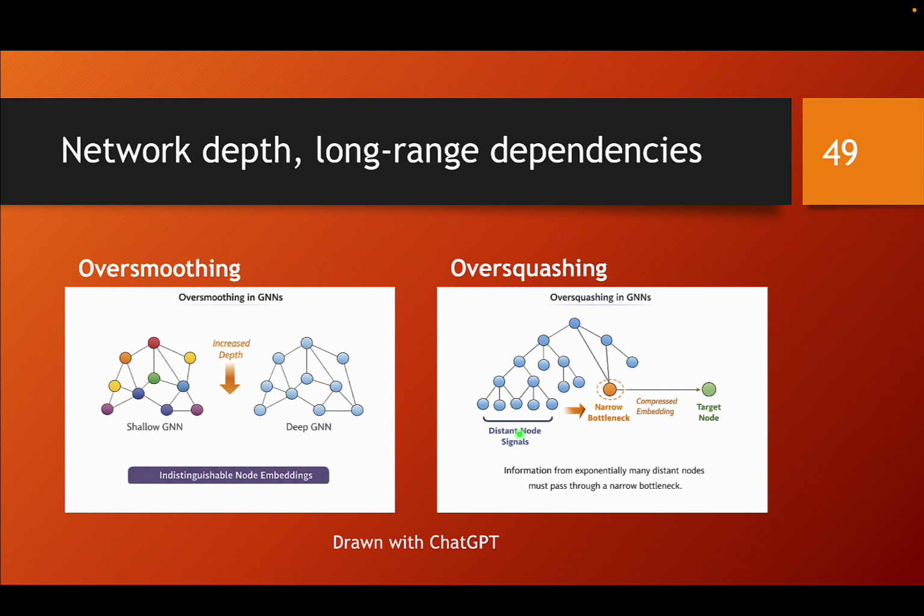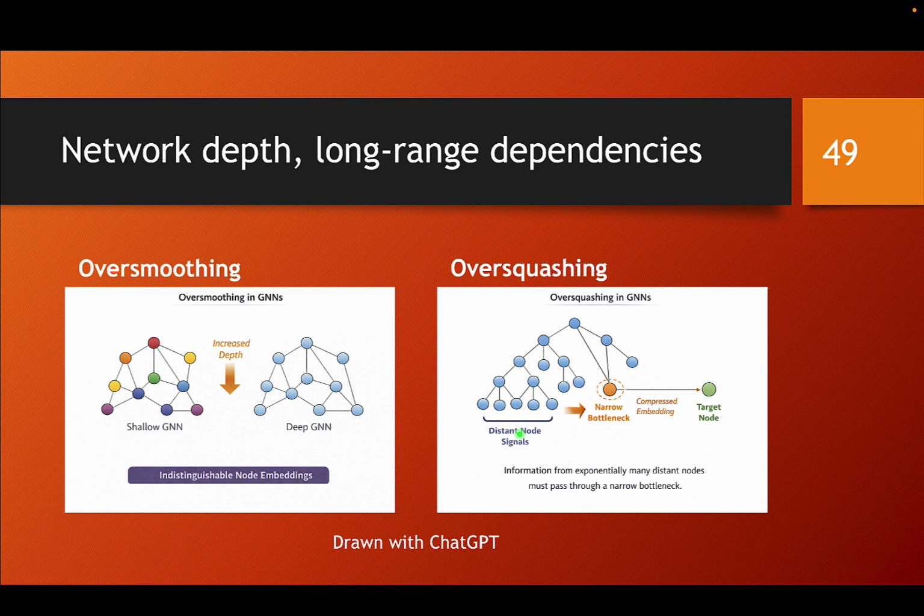So after several layers, a node may depend on exponentially many other nodes, but remember that its embedding dimension remains fixed, and if exponentially many of those signals must pass through only a few intermediate nodes, the model is forced to compress large amounts of information into small vectors, and this structural compression is called oversquashing.